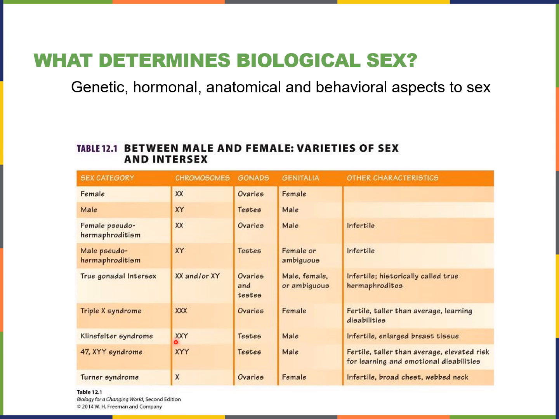There's Klinefelter syndrome, XXY, 47 XYY syndrome, which again is a male, but more learning and emotional disabilities. Turner syndrome, just one X, is the female. Infertile, broad chest, webbed neck. These are all very rare, but these do happen. We have seen them in medical literature.